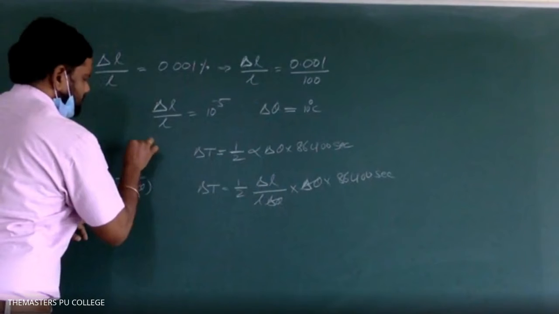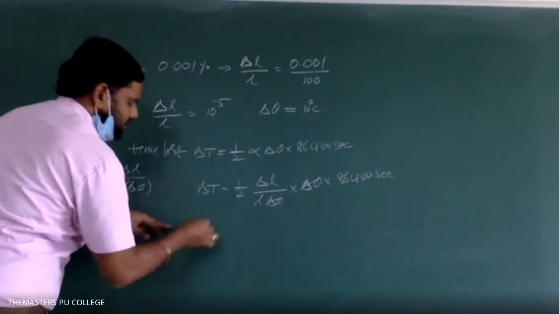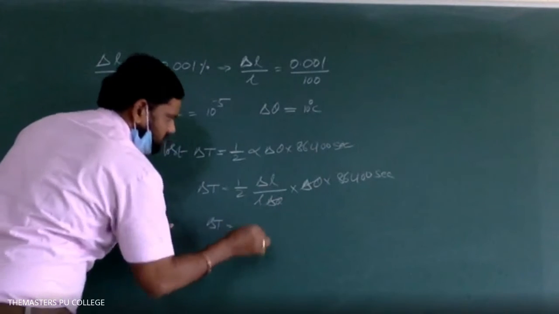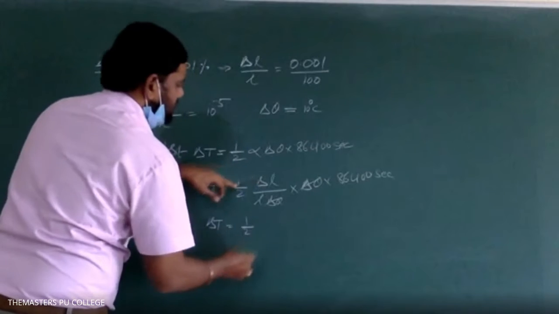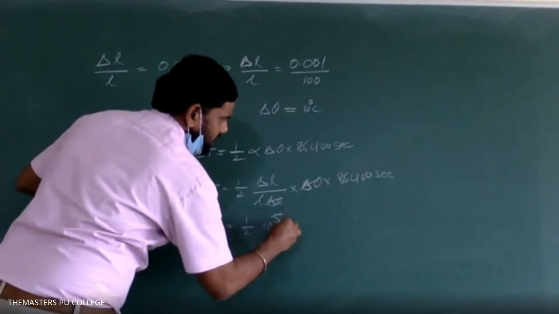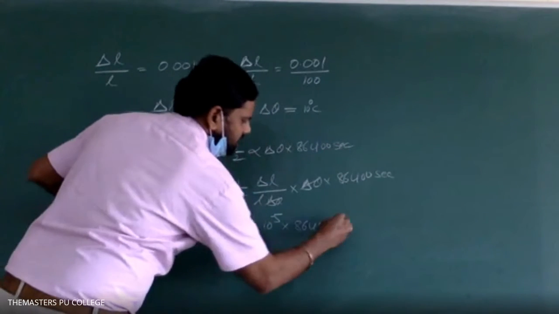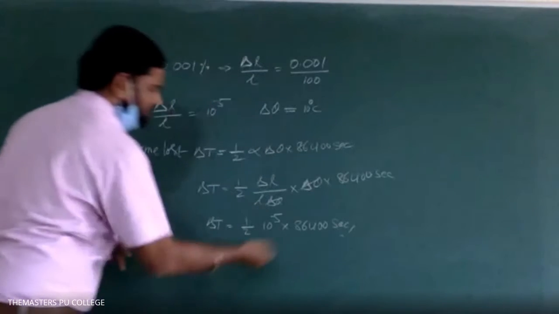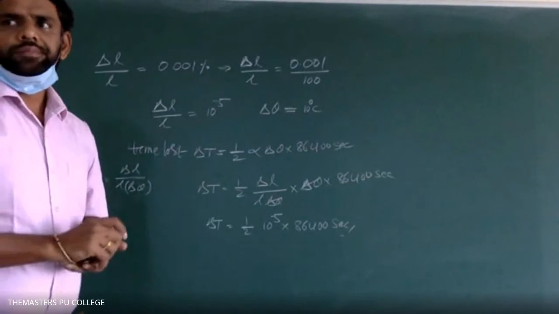So delta T equals half into 10 to the power of minus 5, which we already got, into 86,400. If you calculate this, you will get the time lost by the pendulum per day.